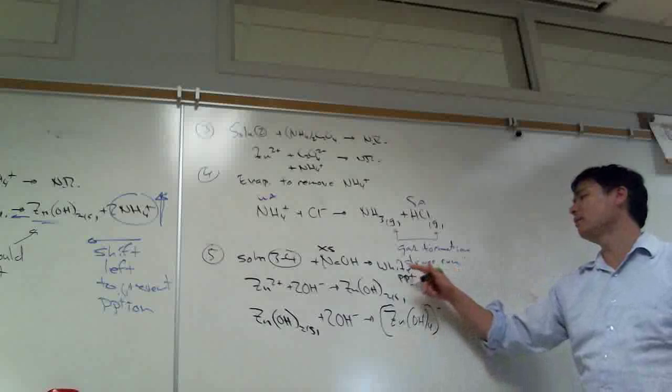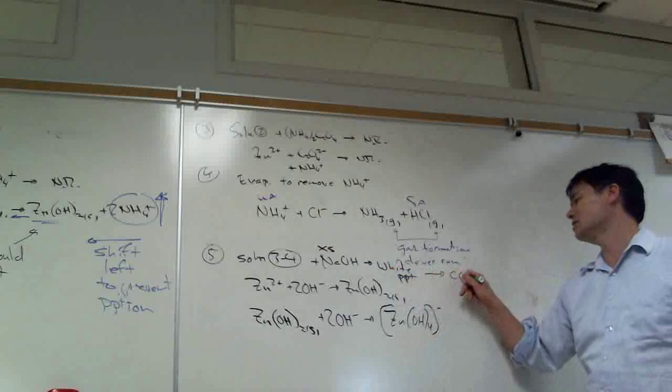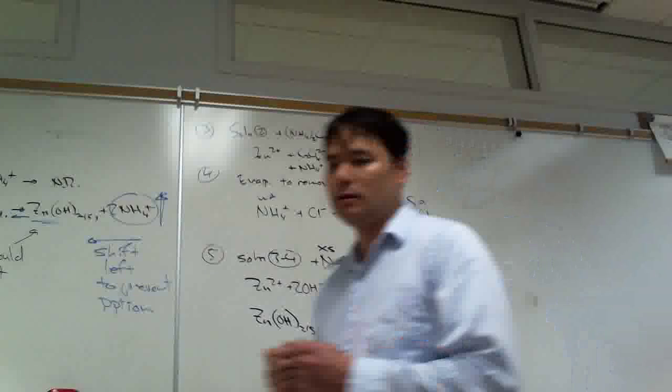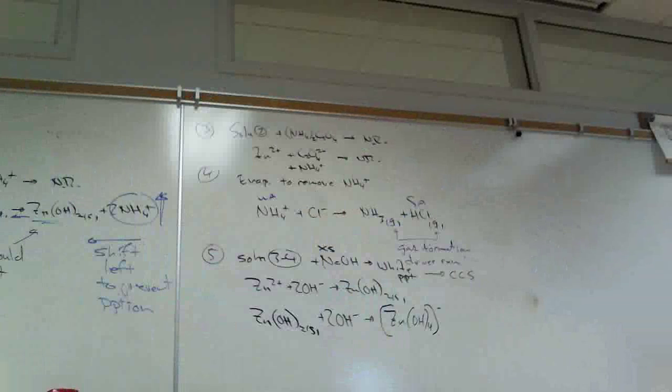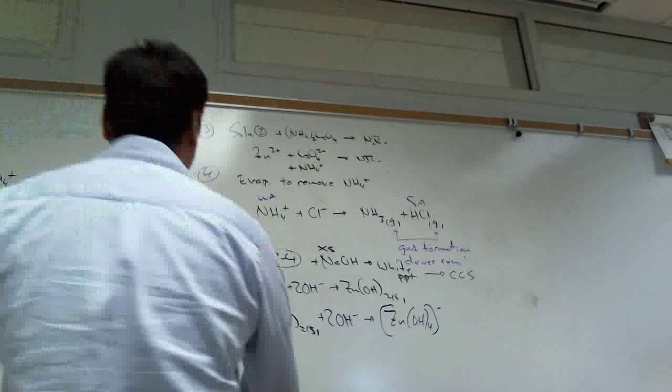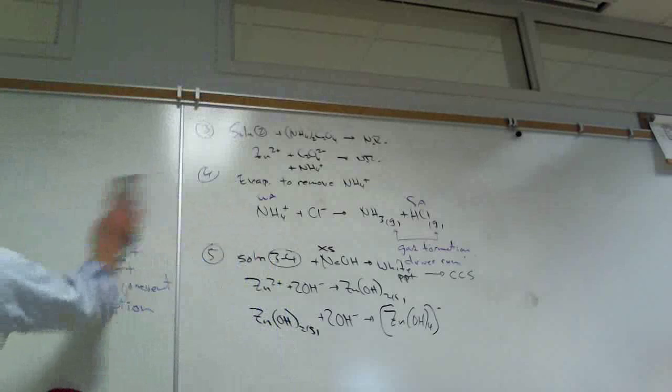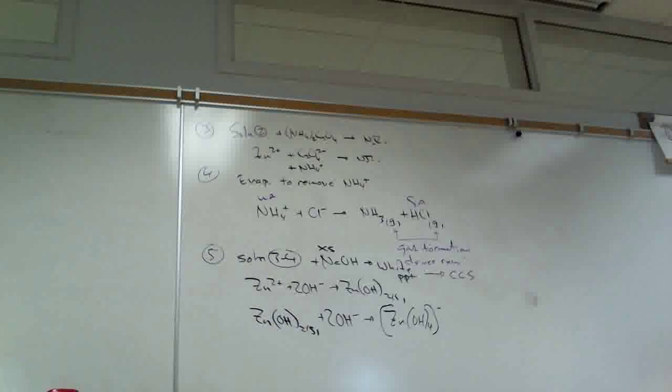And so the white precipitate gets converted into a complex ion here. Add a little bit of hydroxide, we get a precipitate. Add a lot of hydroxide, that precipitate should dissolve to form the hydroxo complex. And then we go on to the next step.